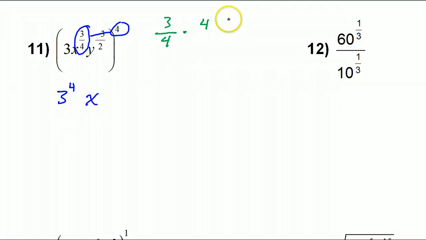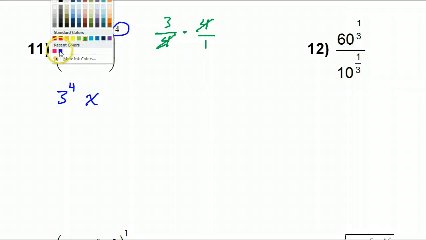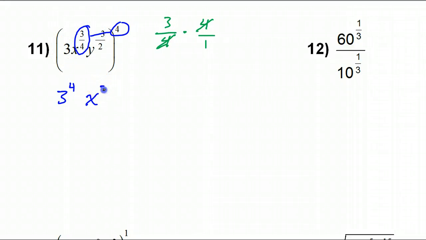Sorry for clearing my throat so much, but 3/4 times 4. The way I think of it is, because this is like 4/1, these 4's just cancel each other out. Okay, so it's just going to be 3. Alright, that's the most efficient way to think about it.